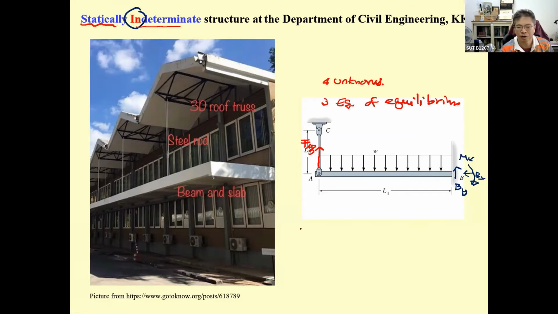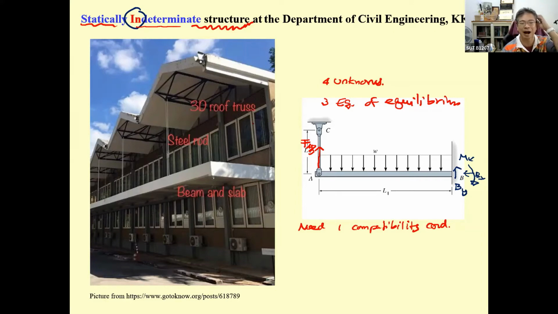Okay, you need one compatibility condition, but this kind of problem is harder. So we will study this kind of statically indeterminate structure later. For example, civil engineering students will study this one in the theory of structure in the next class.